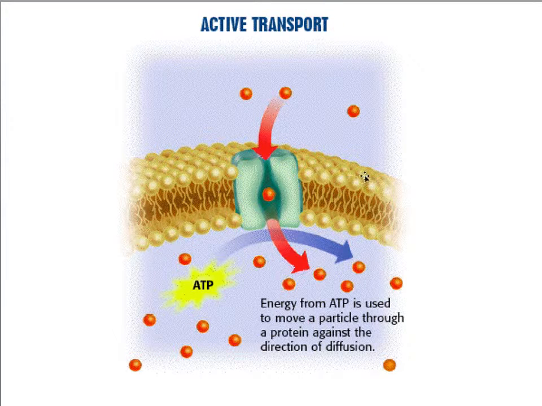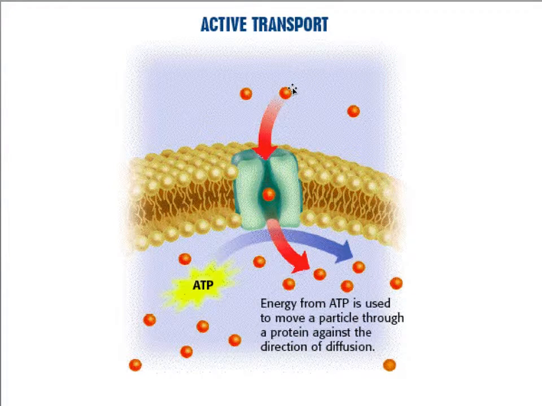If we take a look at this, this is the cell membrane here, the lipid bilayer, and embedded in that is a carrier protein. I know it looks like a pore protein, but that's a carrier protein. On the outside of it, you have low concentration. There are just 3 particles in this volume of liquid here. On the inside of it, you have a high concentration, a dozen or so particles.